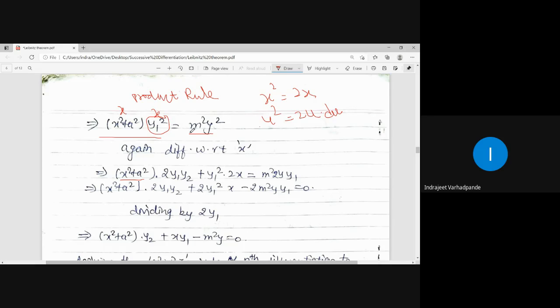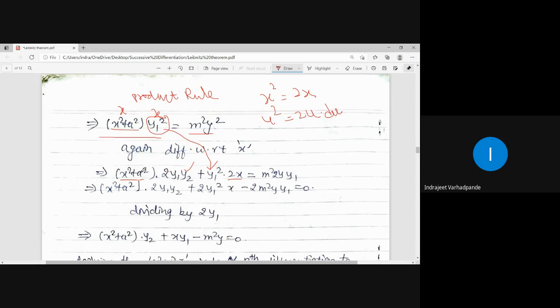What is the derivative of y1 square? 2y1 into the derivative of y1, that is y2. Clear? Plus the second term as it is, y1 square, and what is the derivative of x square plus a square? 2x. Is it okay? Yes, sir.